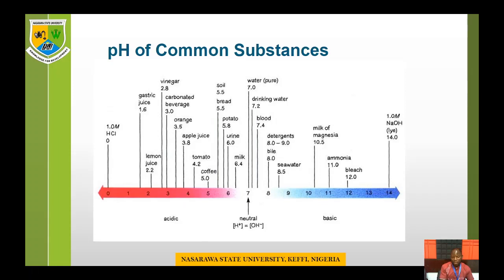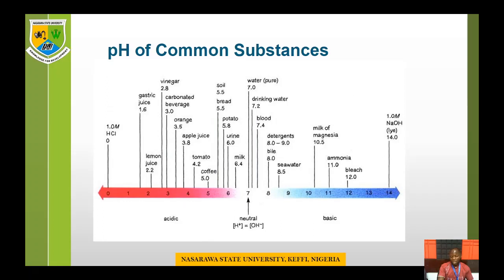Then water, of course pure water, has a pH of 7.0. Then drinking water has a pH of 7.2. Blood has a pH of 7.4. The implication is that these substances are neutral in pH. That is, the concentration of hydrogen ion equals the concentration of hydroxy ions.